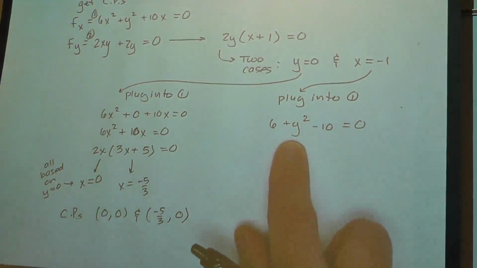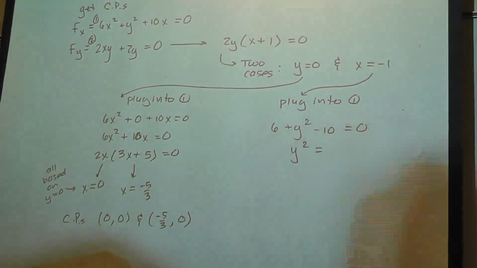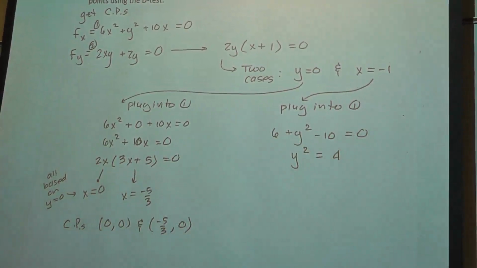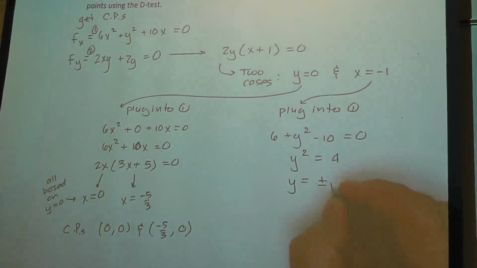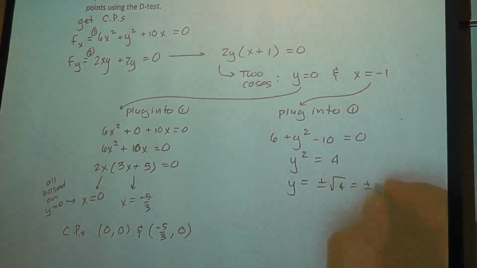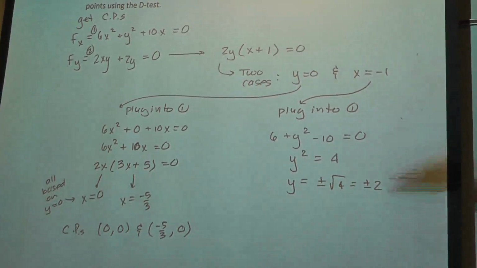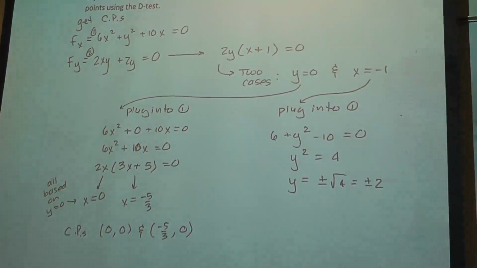To solve this for y, it's just a matter of eventually taking some square roots. Bring all the constant terms to the right. That leads to y squared equals +4. And you've got to be careful with square roots, don't forget that plus or minus. So we get two new critical points because these values are based on what? All based on x equals -1.